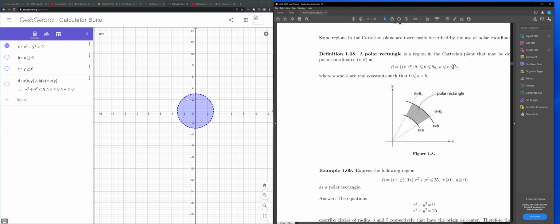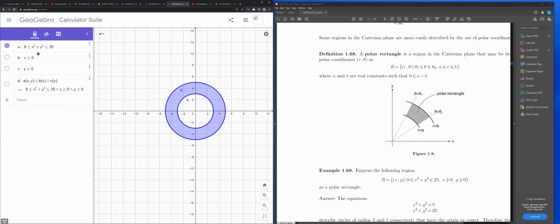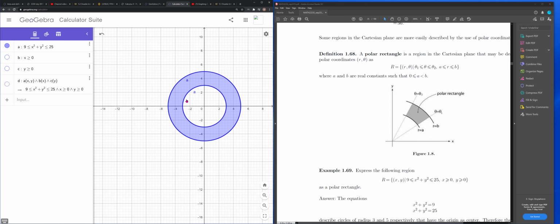It would mean everything inside your circle of radius 5, but outside your circle of radius 3, right? Okay, so what would that look like?